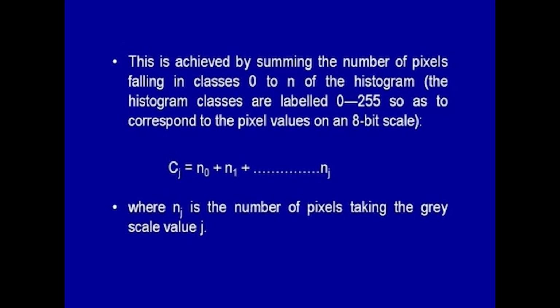So, Cj can be expressed as n0 plus n1 plus n2 up to nj, where nj is the number of pixels taking the grayscale value of j.